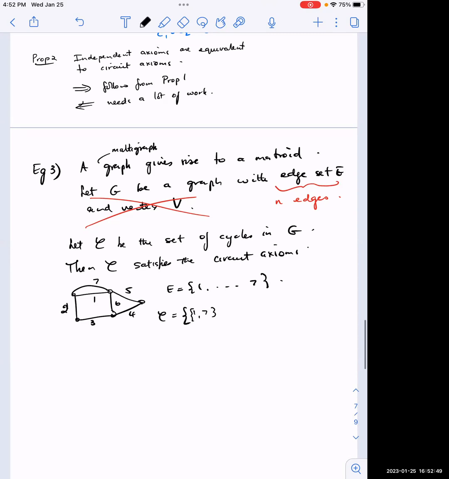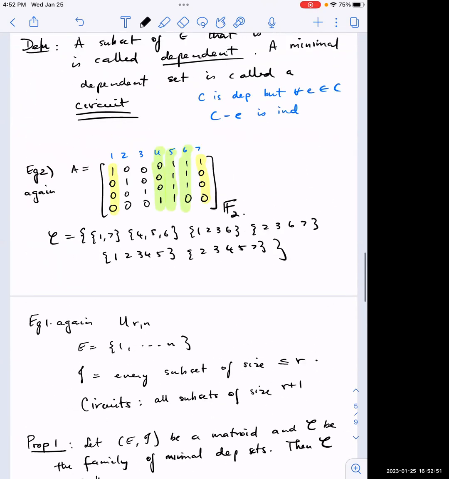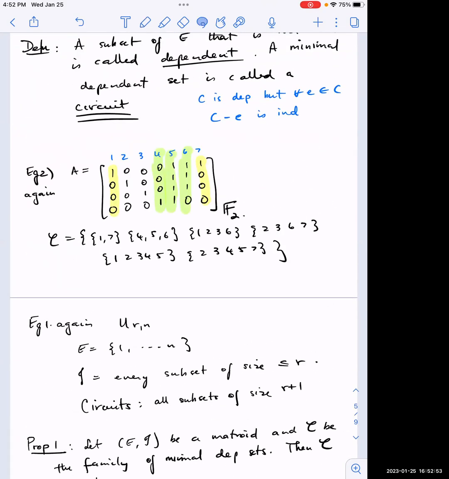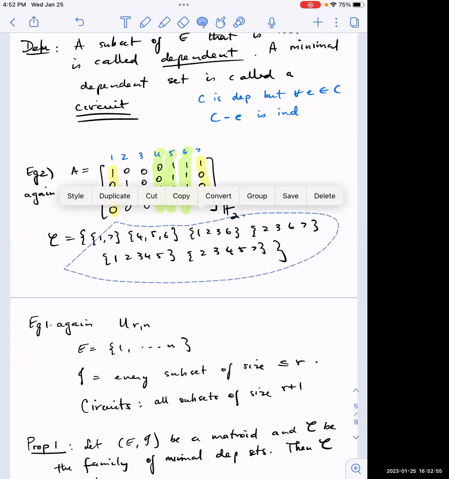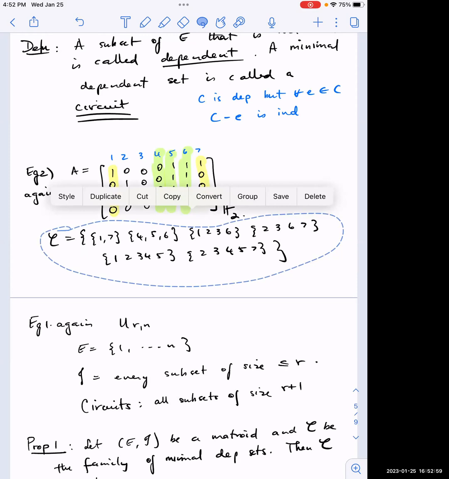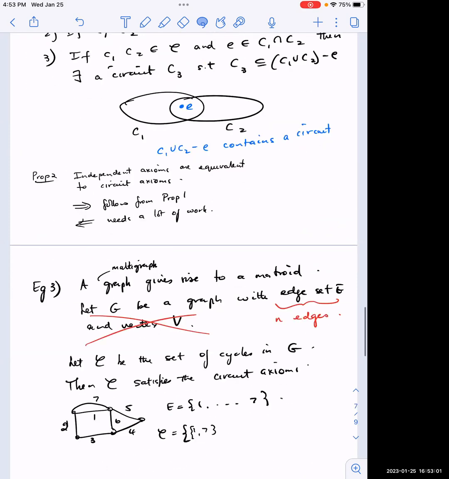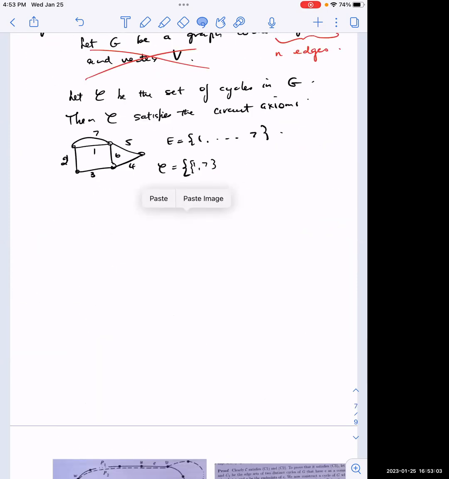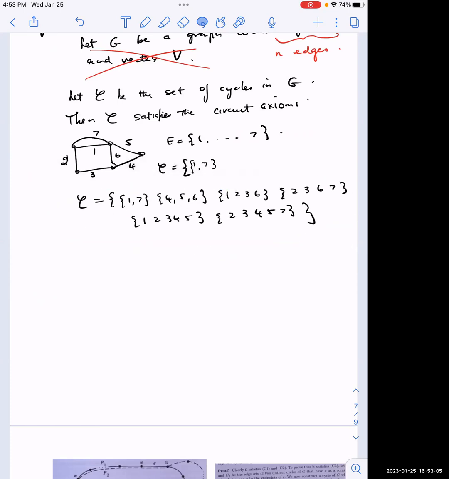And in fact, if I didn't change any edges, I think this would be exactly the same as this. Yeah, these are the set of cycles.